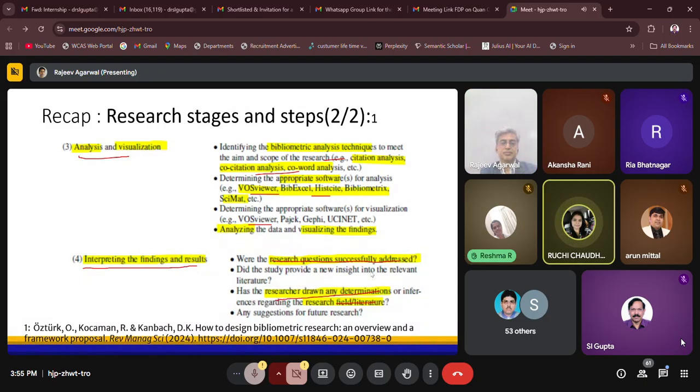Sir, one more question. I want to ask about the search string, the topic, the domain. How many keywords can we use in the search string in the Scopus database?